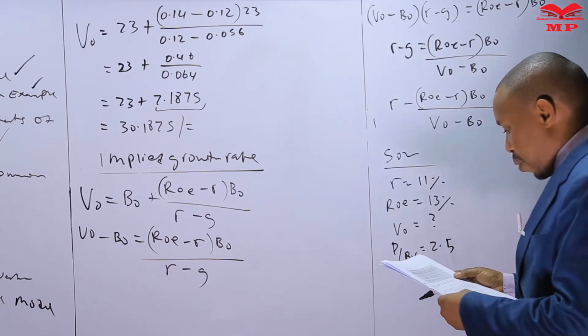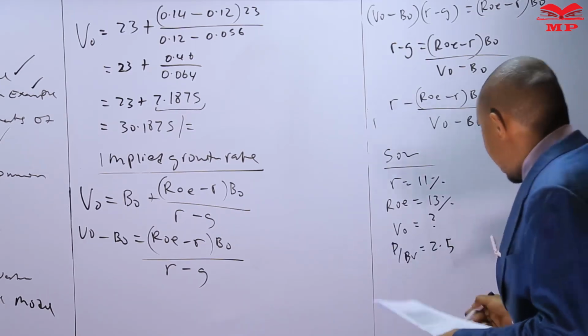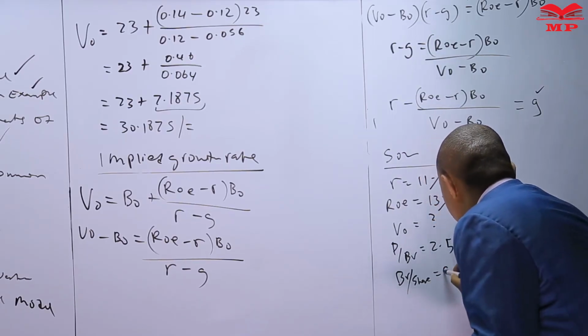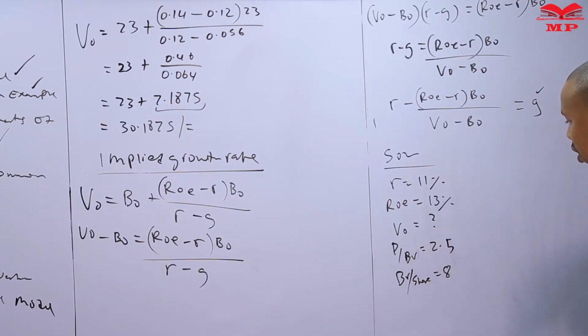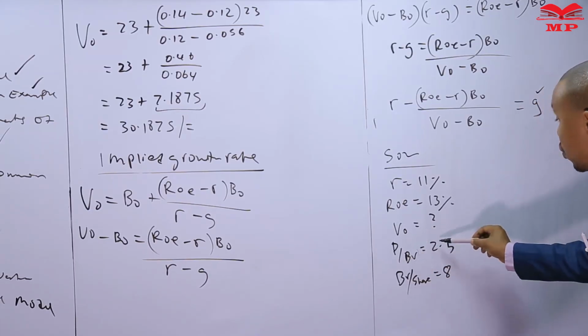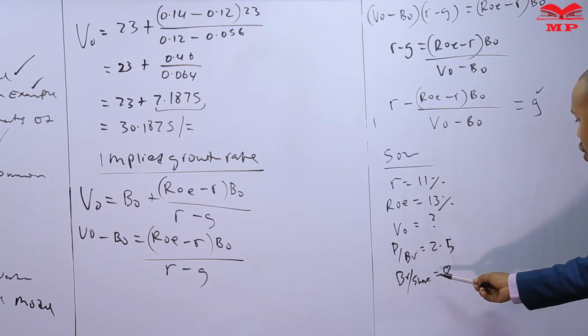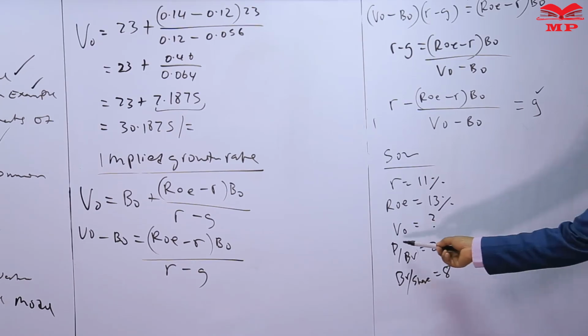Let's see if we have the book value. The current book value per share is 8. So we have the denominator in the price to book value ratio, and we have the price to book ratio as 2.5. On cross multiplication, we multiply 2.5 by 8 and we will get the price.